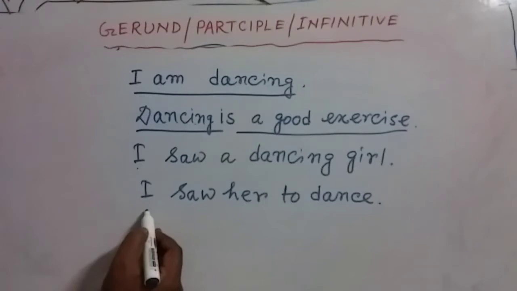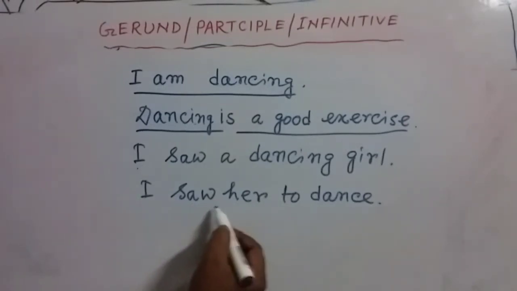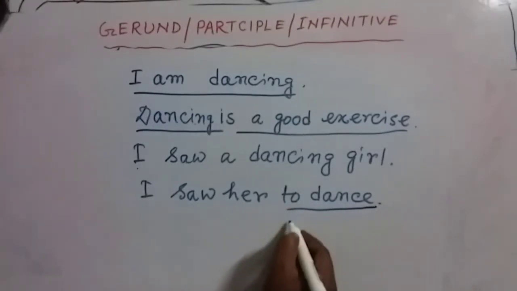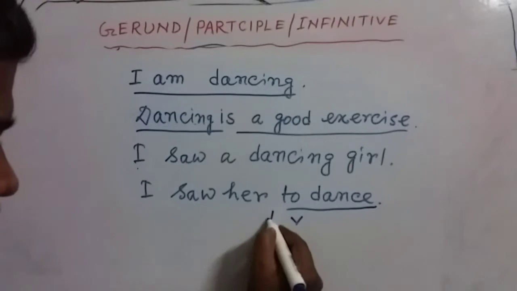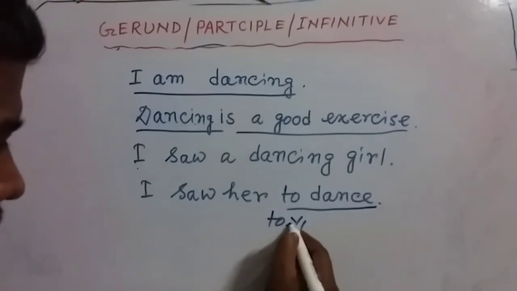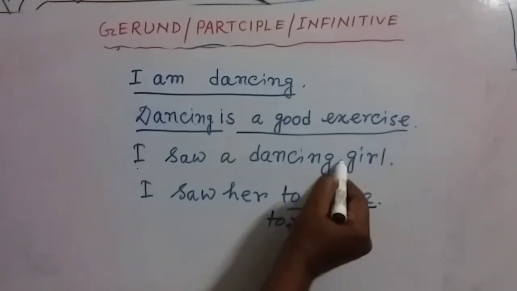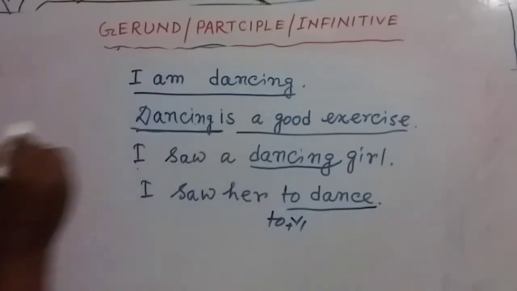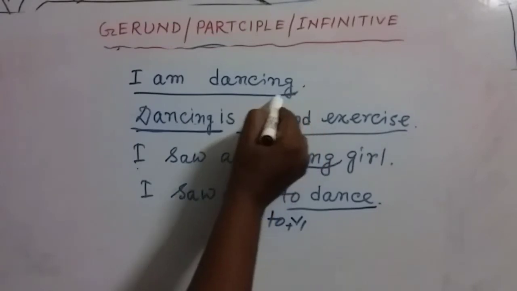And in the fourth sentence, I saw her to dance. So here, my dear friends, I have used the V1, to plus V1 form. Here I have used verb with ing. Same thing here, verb with ing, and here also verb with ing.